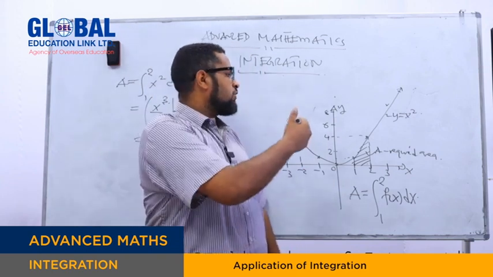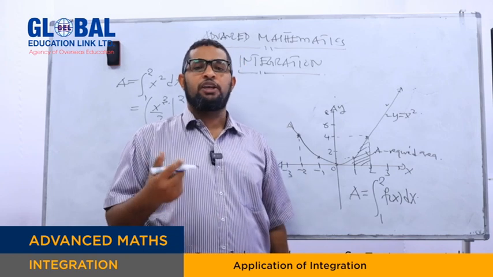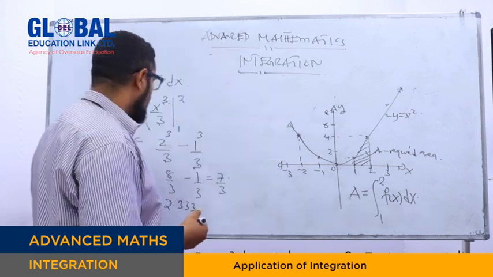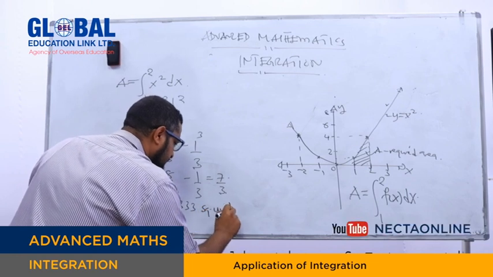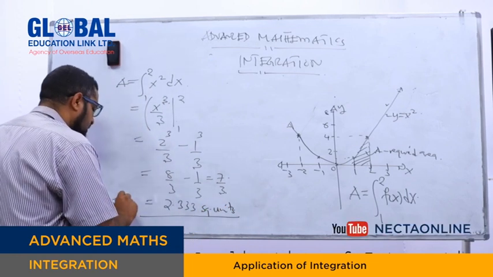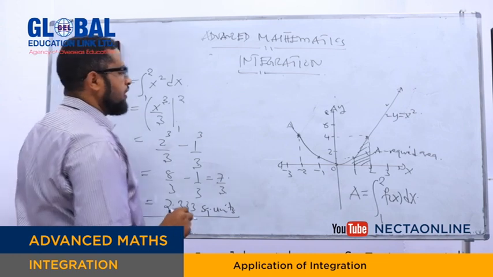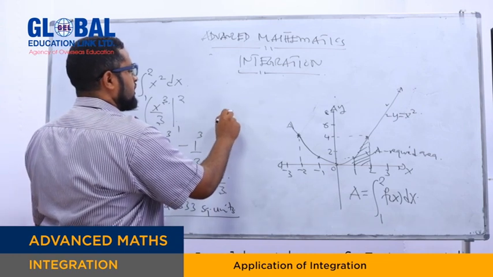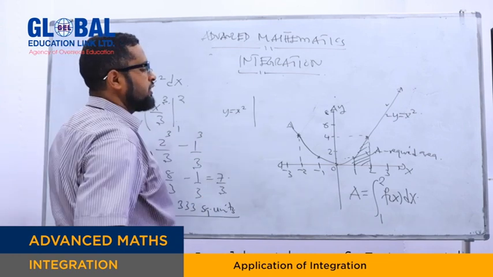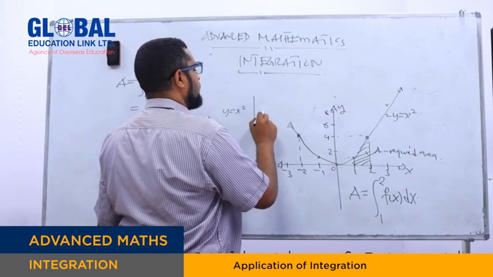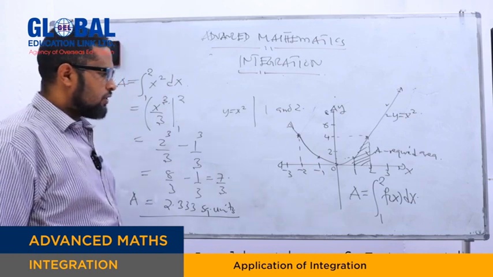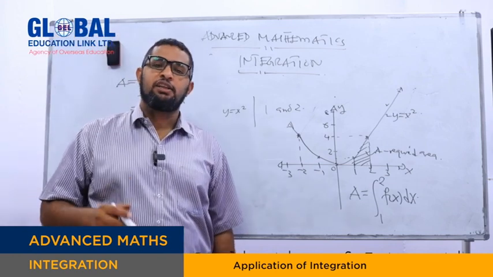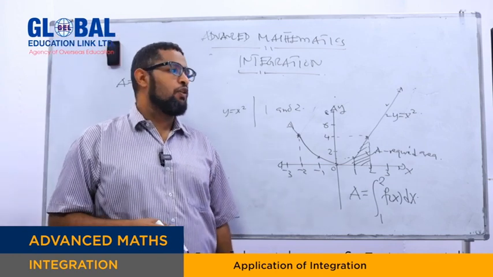But here we are not given either centimeters or kilometers or whatever. So here you just write only square units. That will be the area of the function y equal to x squared in the interval of x from 1 and 2. So my dear student, that is how to find the area of such a curve.